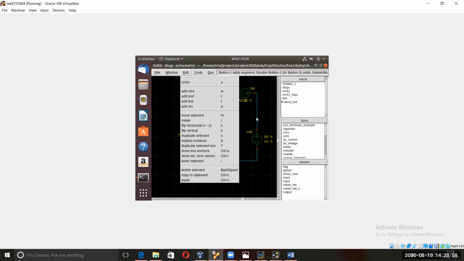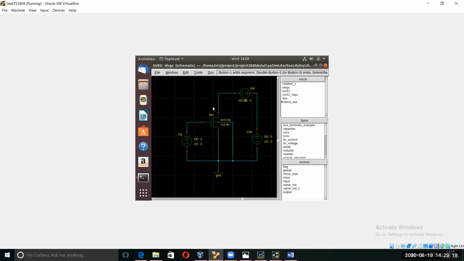You can connect them by pressing the wires and connecting them. Then this is move, the selector. This is rotate; if you press R on the keys, you will rotate the thing. This is flip, vertical, horizontal, and other things are also there. So I have done this with the help of that.